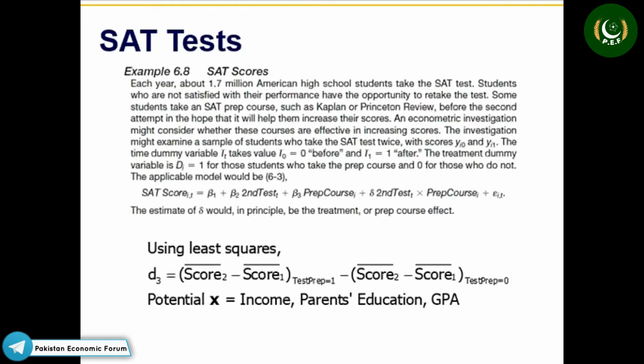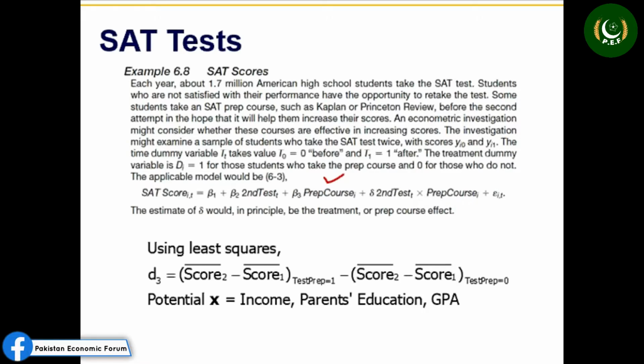Let's see another example from Econometric Analysis by Greene. Many students take an SAT preparation course when they appear a second time. Whether a prep course has an impact on SAT score improvement or not is what we need to study.